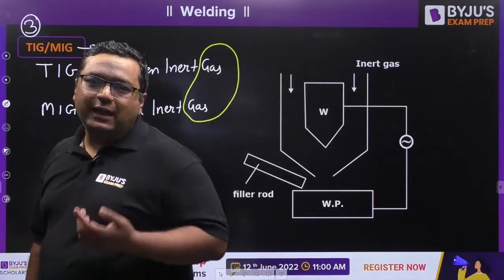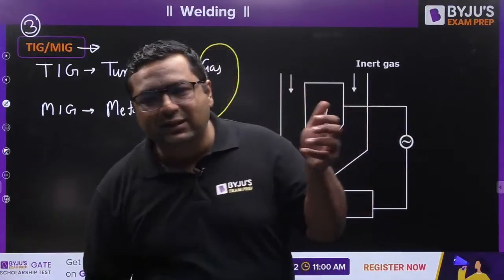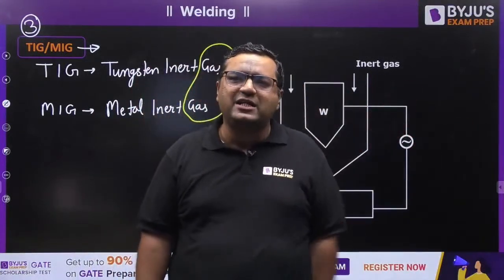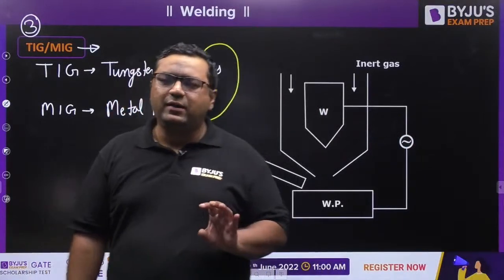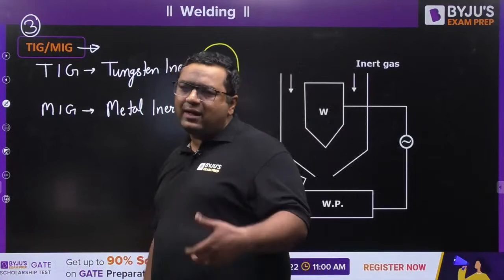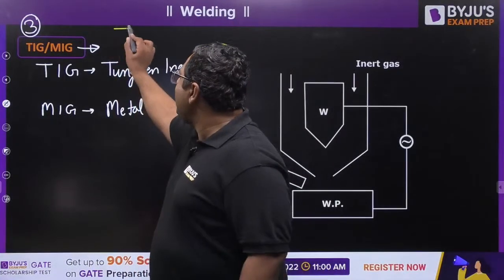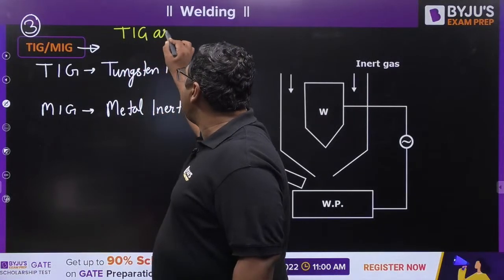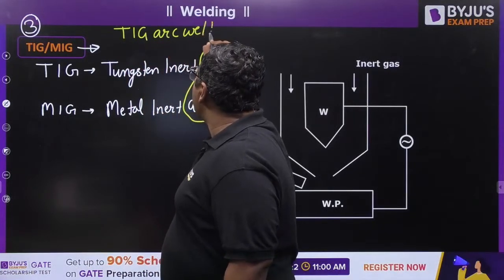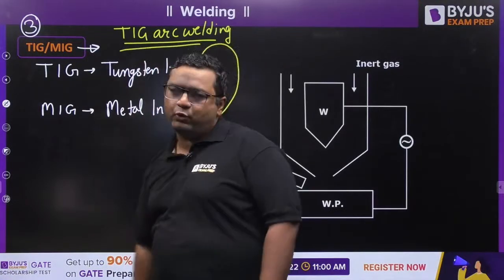When they see tungsten inert gas and metal inert gas, they feel it is a type of gas welding. But my dear, I will clear one point: TIG and MIG are arc welding processes. They are not at all gas welding processes, they are arc welding processes.